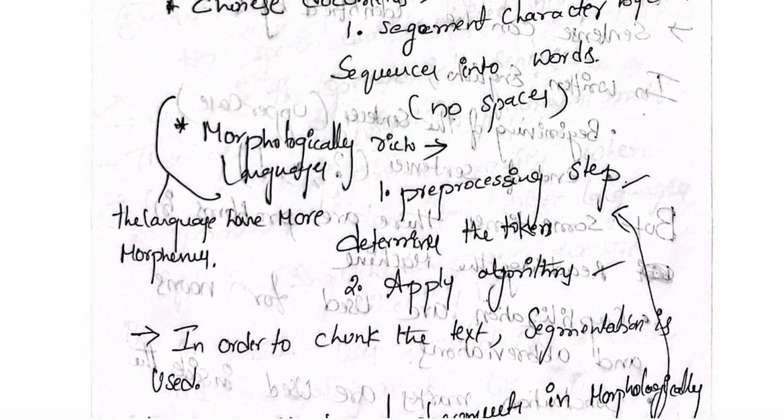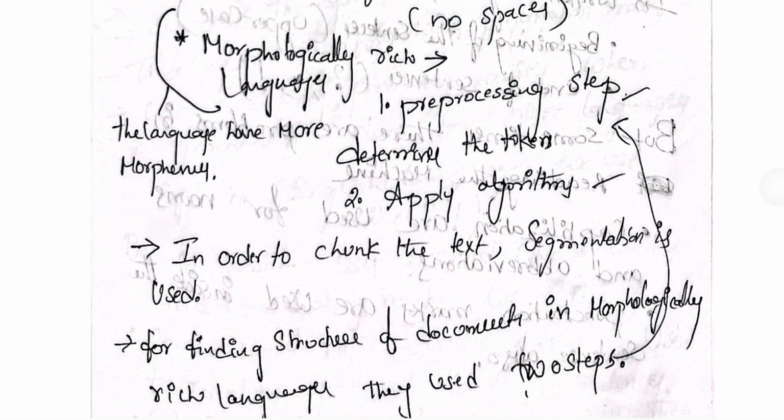For morphologically rich languages, first we need the pre-processing step, where we determine the tokens and so on. After analyzing the words and finding them semantically and syntactically meaningful, we apply the algorithms.